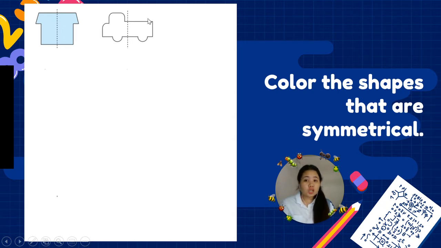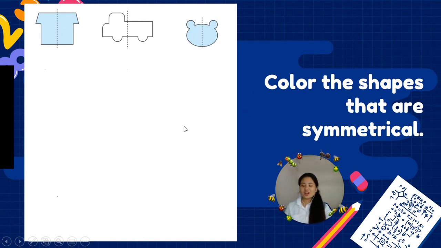A symmetrical shape should have identical parts, so this is not a symmetrical shape. Next, a bear. Is it a symmetrical shape or not? Yes, it is. They have two ears, then the face. When you cut that, it is a symmetrical shape.